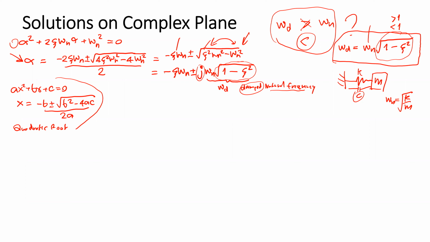Okay, I need to introduce you to the S-plane. It means now we have alpha equal to minus psi omega n plus minus j omega d. It's a complex thing.